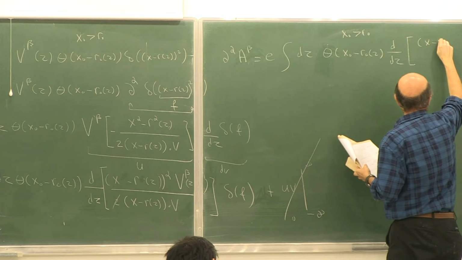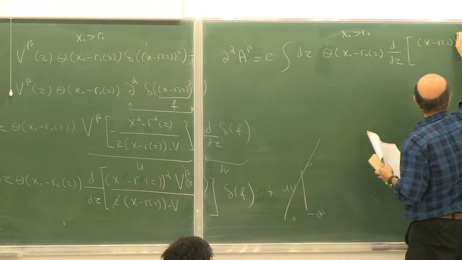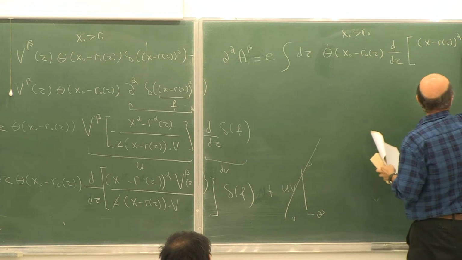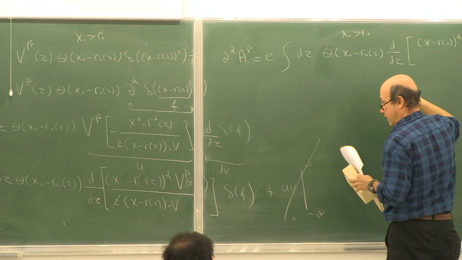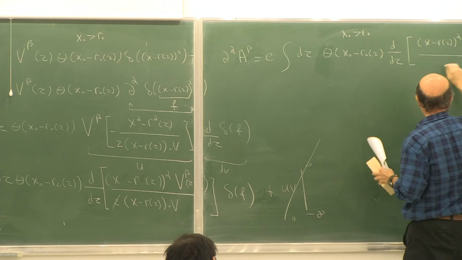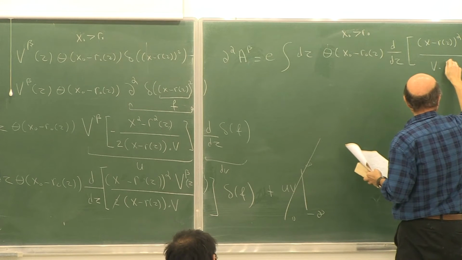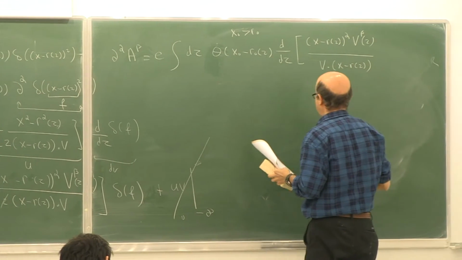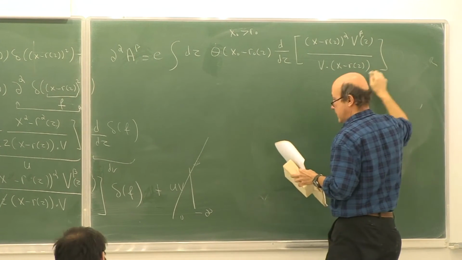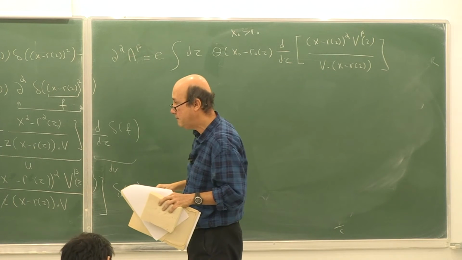(x − r(τ))^α v^β(τ) divided by v·(x − r(τ)) times the delta f. What is the delta f?